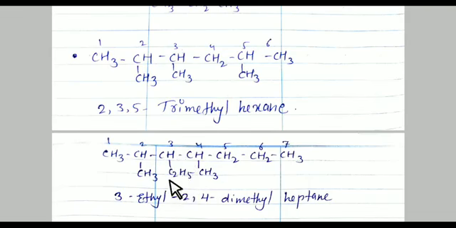So first you have to write the ethyl group: 3-ethyl, 2,4-dimethylheptane. The 2nd and 4th carbons contain the same branch, CH3, meaning 2 methyl branches, so 2,4-dimethyl. And 1 ethyl branch is on the 3rd carbon, so 3-ethyl. So it is 3-ethyl-2,4-dimethylheptane.